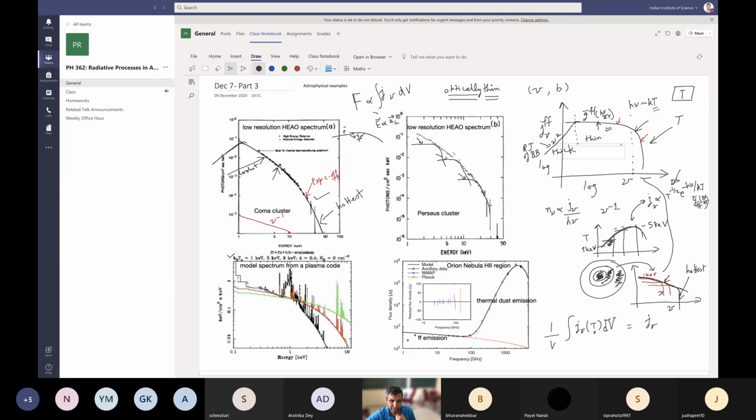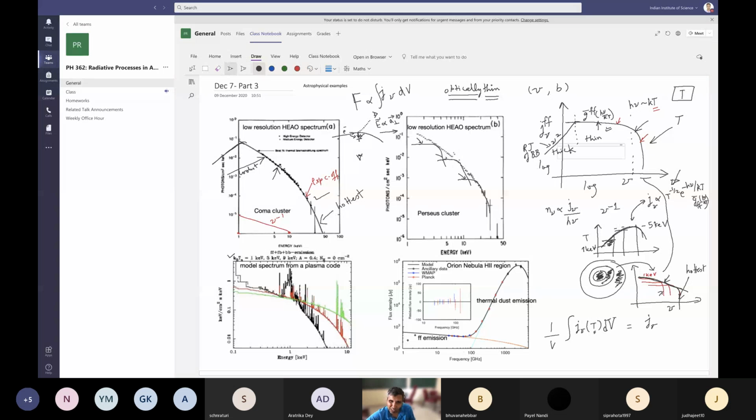So if you're looking from here, what is the line of sight projection of the acceleration? In this case, most of the radiation will come out in this direction because acceleration is perpendicular to the line of sight. If you're seeing from here, the maximum acceleration is along the line of sight. It's only the a perp which matters. So this line of sight will see less radiation.